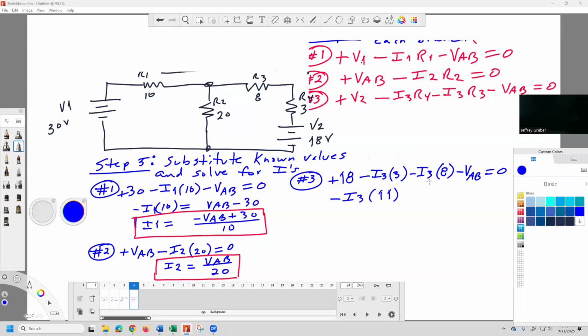So we got minus 11 I3. And if we move this to the other side, we got VAB minus 18. Now we divide by negative 11. So I3 is negative VAB plus 18 divided by 11. And if you make a mistake and you end up with the wrong answer and something doesn't work out, or you end up at a dead end, it's because you flipped one of the signs around.